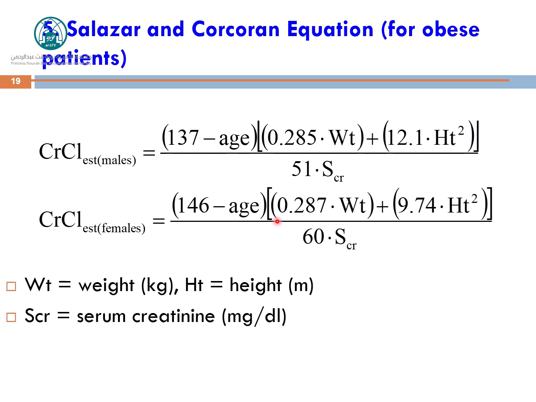So that is the estimated creatinine clearance according to the Salazar and Corcoran equation for obese patients with kidney problems. For females, it is 146 minus the age multiplied by 2.287 multiplied by the weight in kilograms, plus 9.74 multiplied by the height squared in meters, divided by 60 multiplied by the serum creatinine in milligram percent unit.